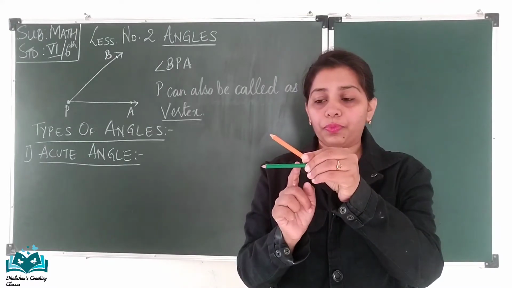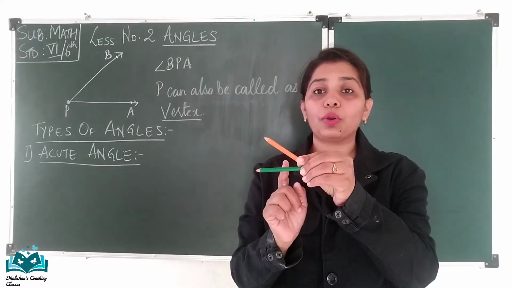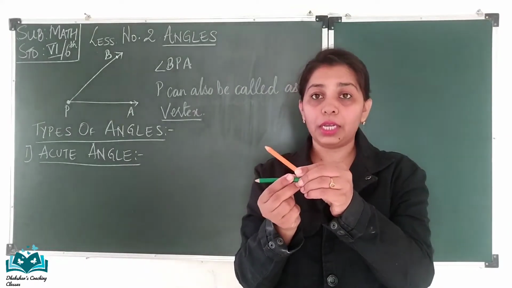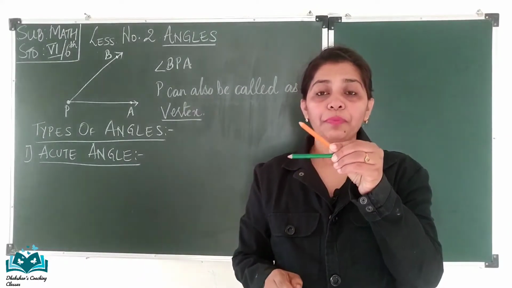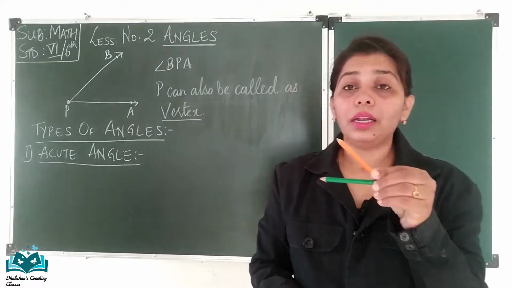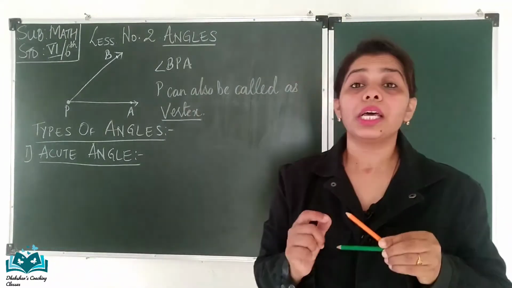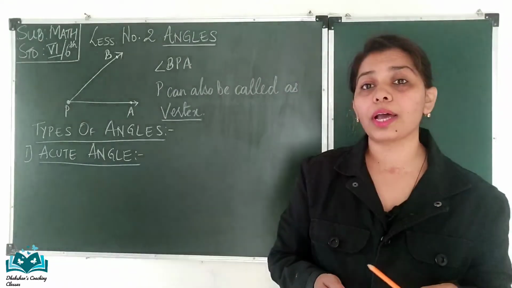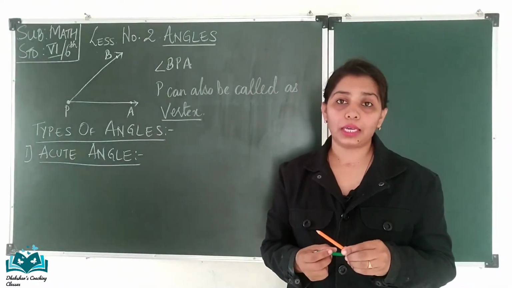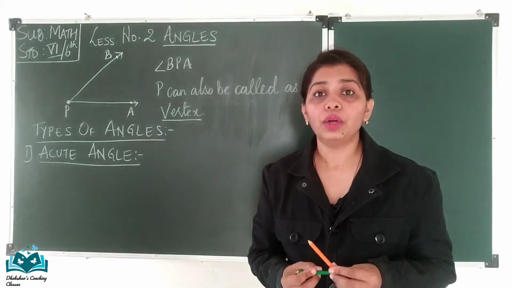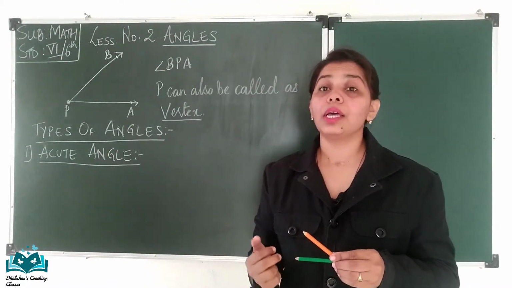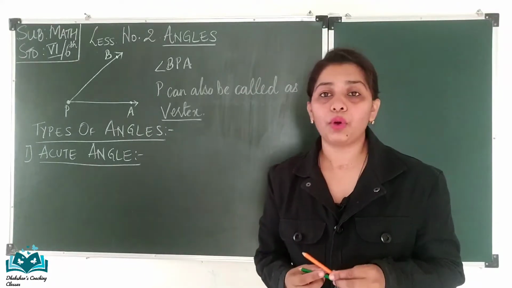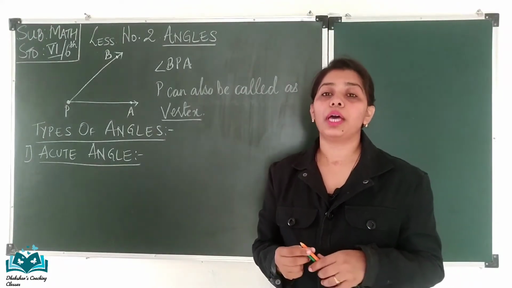This line is your base and the line that I am moving ahead. You can see an angle being formed. This angle whose measure is greater than 0 but less than 90 is called your acute angle. So any angle whose measure is greater than 0 but less than 90 can be called your acute angle.